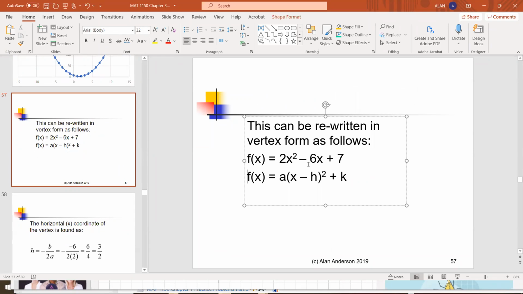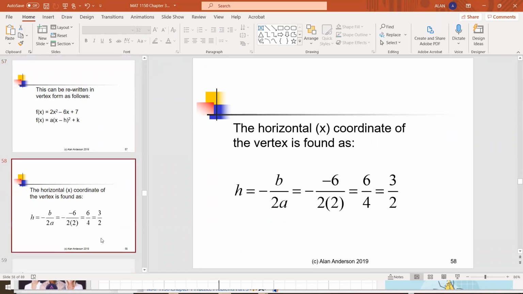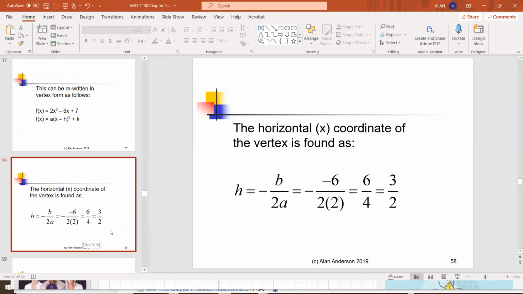Now, it turns out that there's a formula for H. So, right off the bat, that helps a lot. H is equal to negative b over 2a.